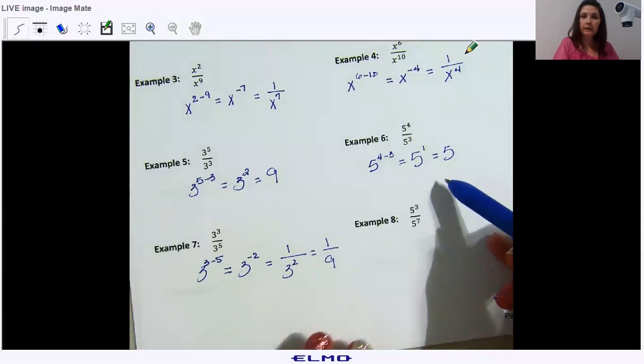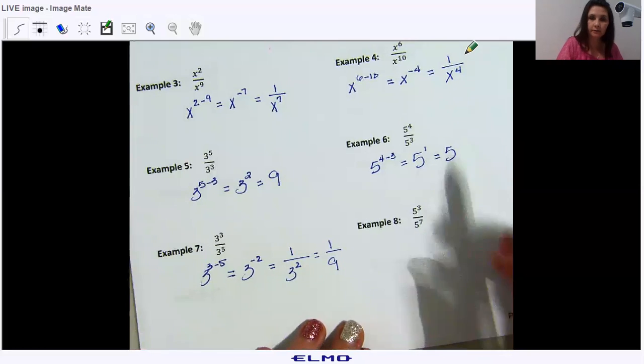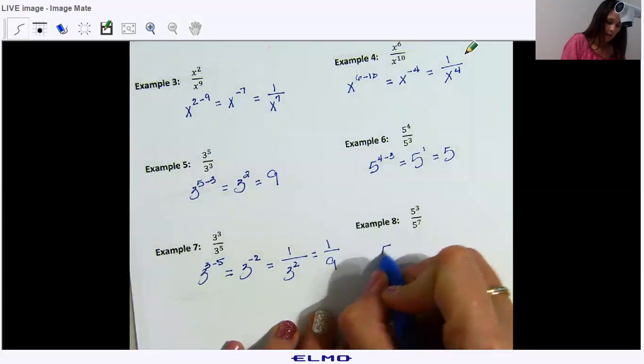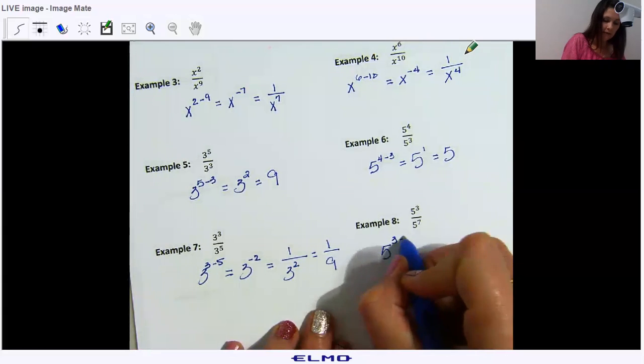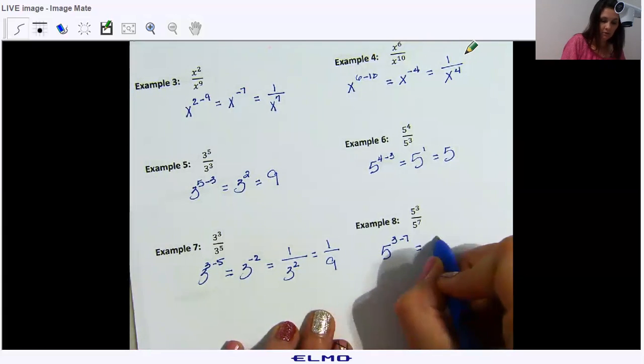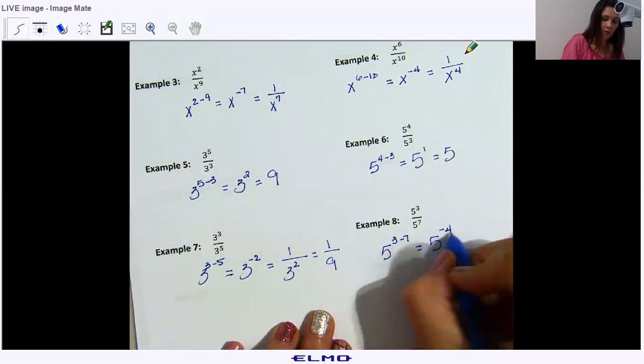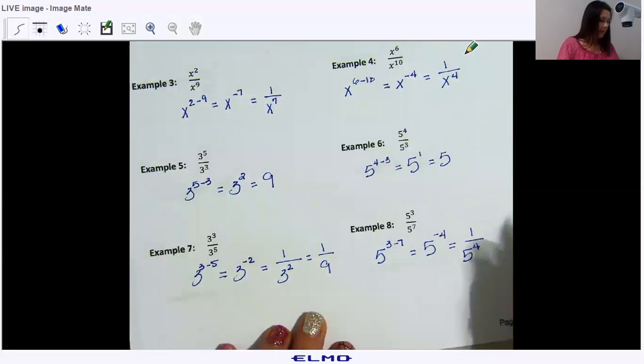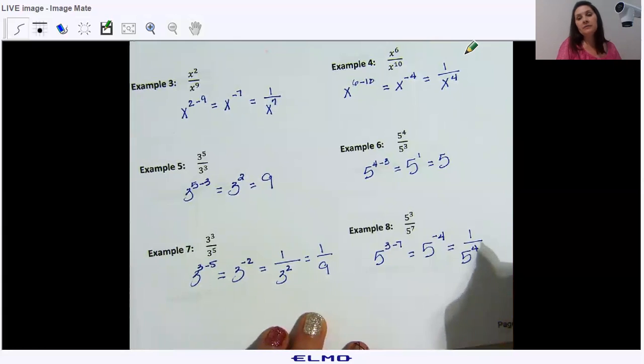The numbers are a little bit different here. Okay, let's see this. 5 to the power of 3 minus 7. 5 to the power of negative 4. 1 over 5 to the power of 4. And that's 5 times 5 times 5 times 5.